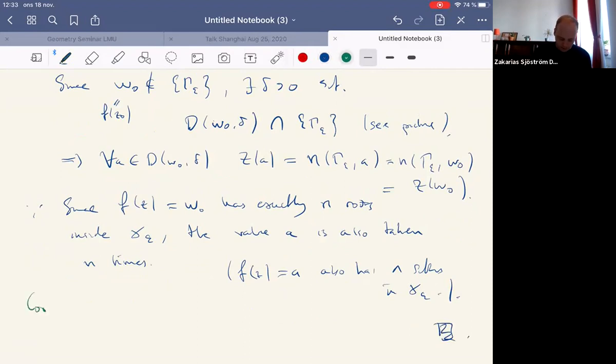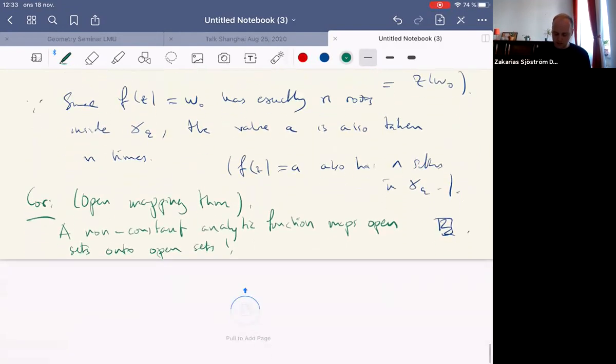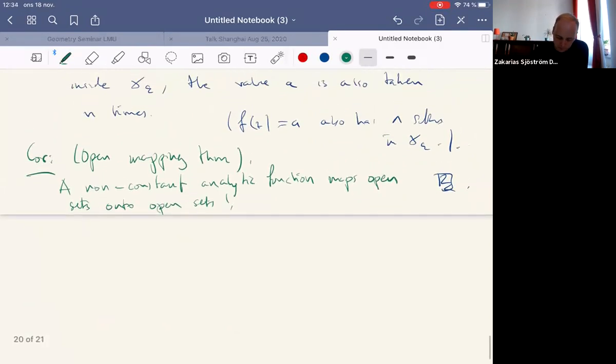And that's an important corollary. Let me just state this, and then we finish. We get the open mapping theorem, which says that a non-constant analytic function maps open sets onto open sets, which is again a very special property.